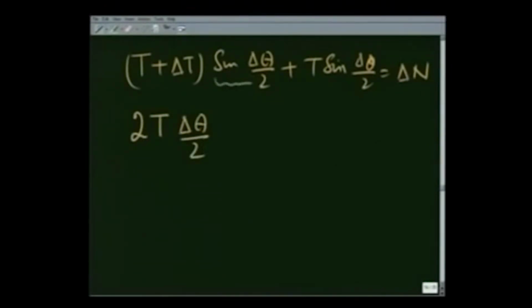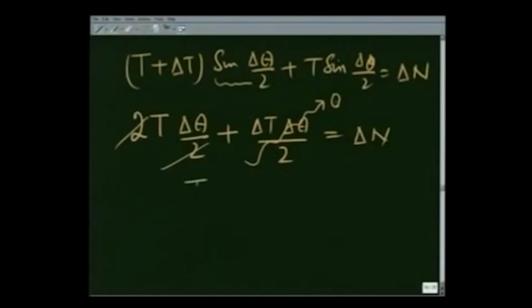I replace this whole thing by T delta theta by 2 plus delta T delta theta over 2 equals delta n. This is a second order term, so that can be taken to be 0 in the limit that I take delta theta going to 0. So this cancels, T delta theta equals delta n, because this is a very small normal reaction.